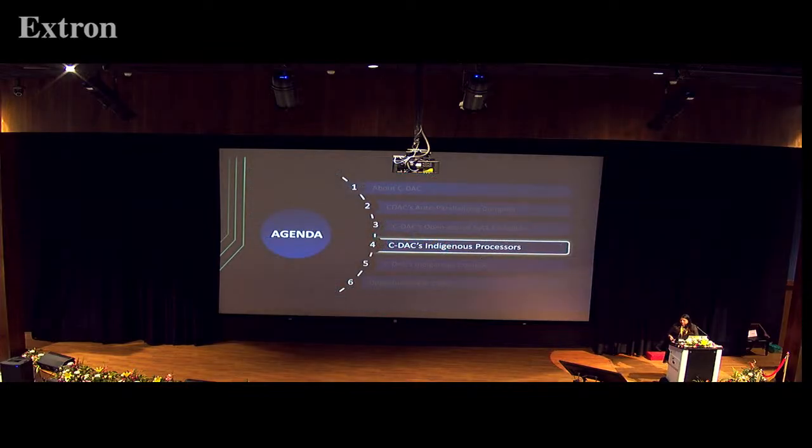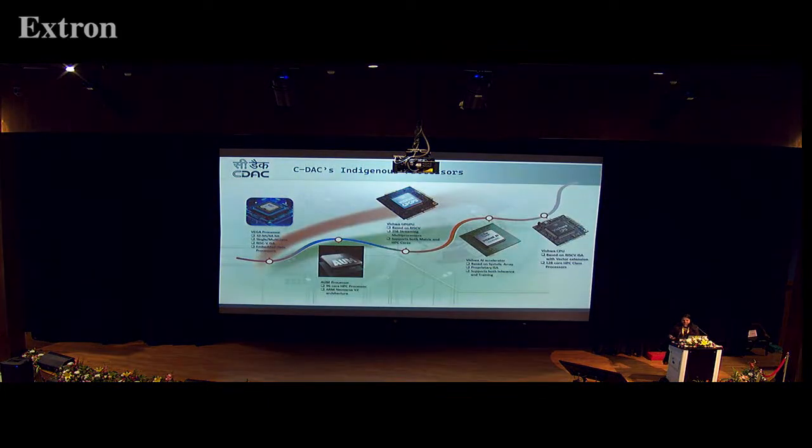Now coming to India's indigenous processor roadmap. This is with the ambition of achieving self-reliance in technology. With that goal, we are coming up with a line of processors, both for the embedded class as well as the HPC class. The first one, the Vega series of processors, is already available. It is for the embedded class, and it is available in 32-bit and 64-bit form. It is there in single-core and multi-core versions as well.